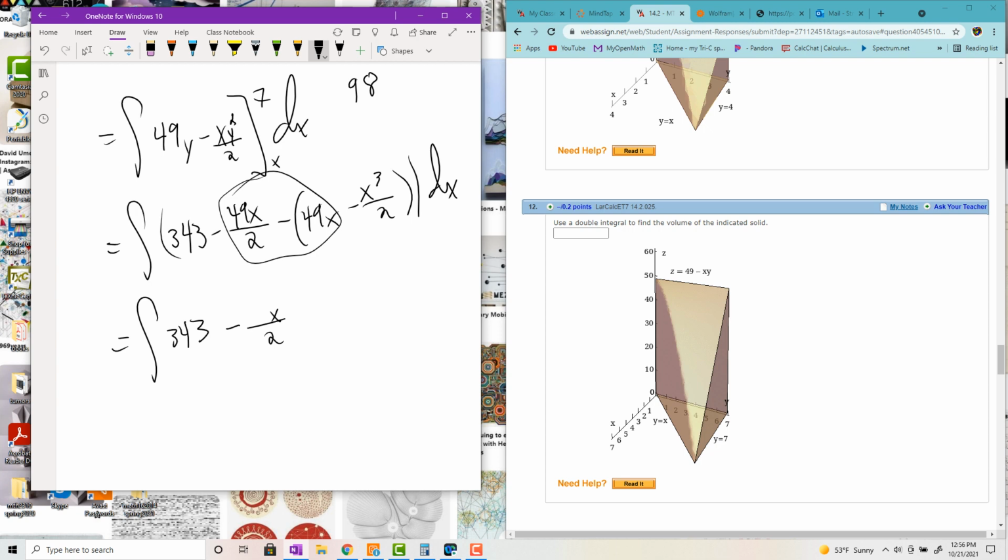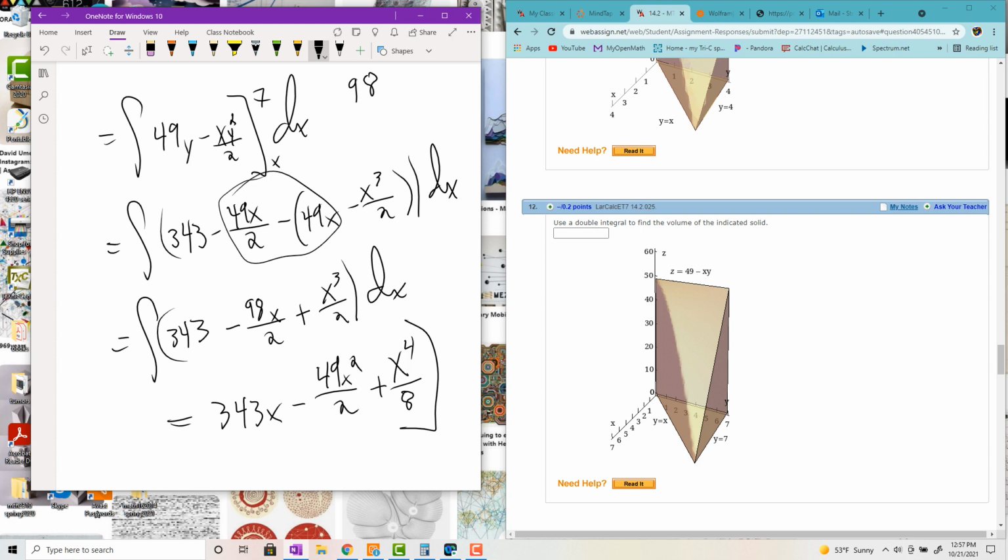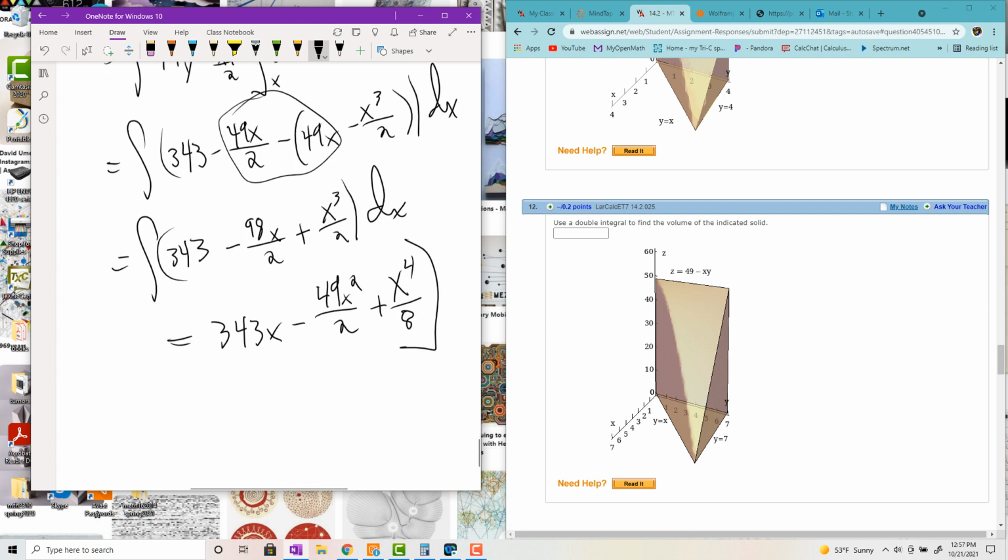So you get 49 halves plus 49 halves is 98 halves x, and then plus x cubed all over 2, and then I integrate that with respect to x. That's 343x minus 49x squared all over 2 plus x to the 4th over 8, and we're integrating from 0 to 7.